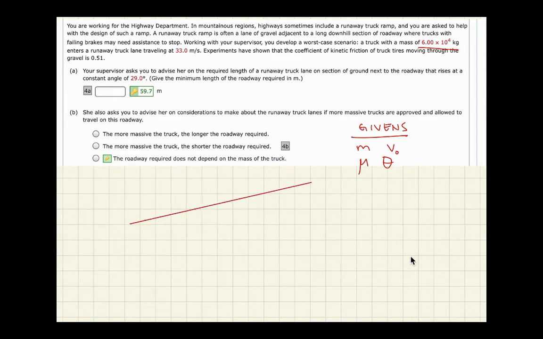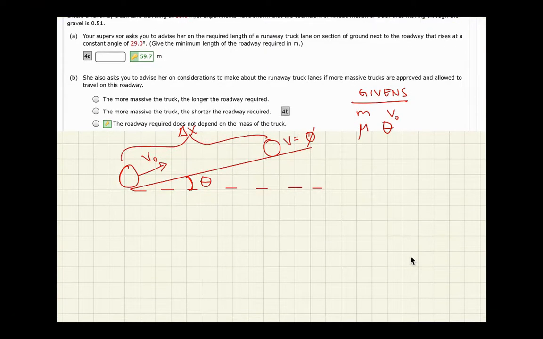So here's my little escape ramp. It's at a theta of, in my case, 29 degrees. The truck's got some initial velocity going up the ramp, and the final velocity is going to be 0. This is the displacement of the truck as it goes up the ramp.